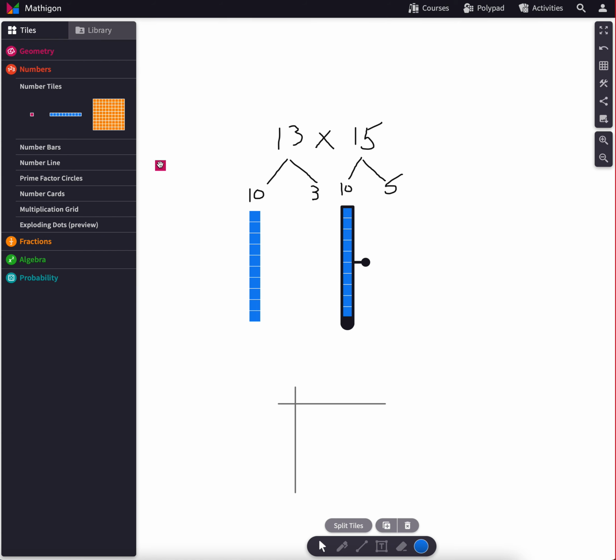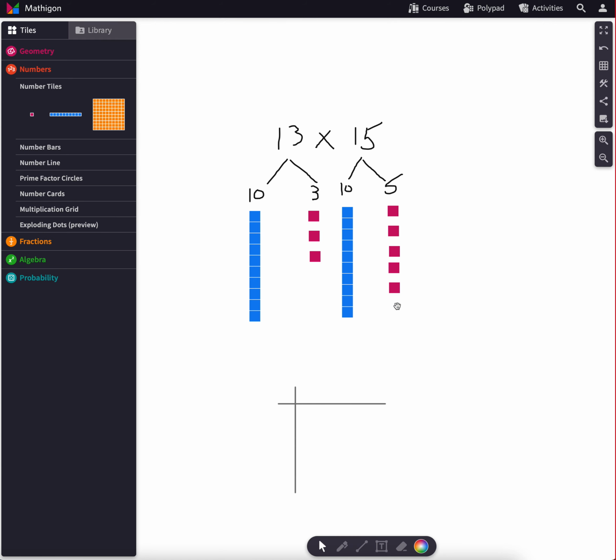And then additionally, how do you represent 3? Well, you just represent 3 with 3 little single tiles, okay? So there's 3, okay? And then over here, you're going to represent 5 as 5, okay?